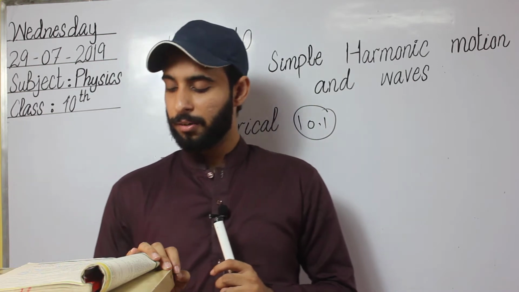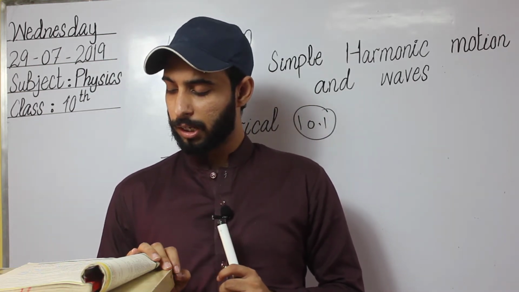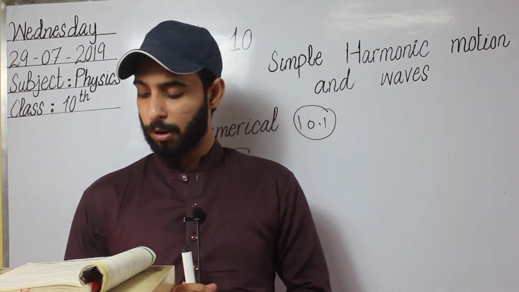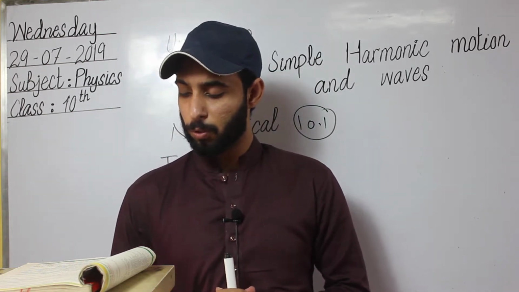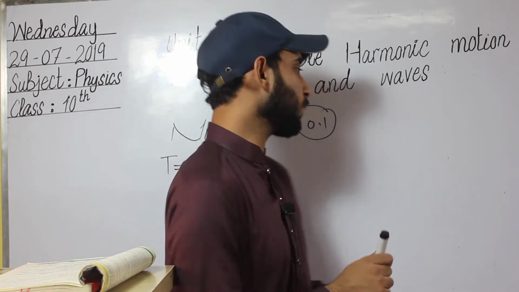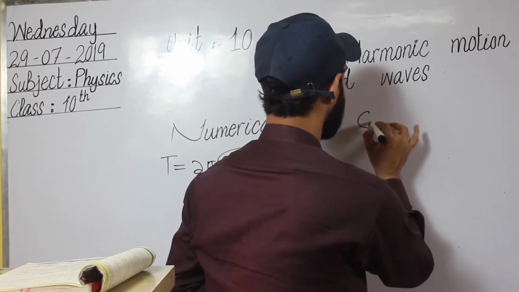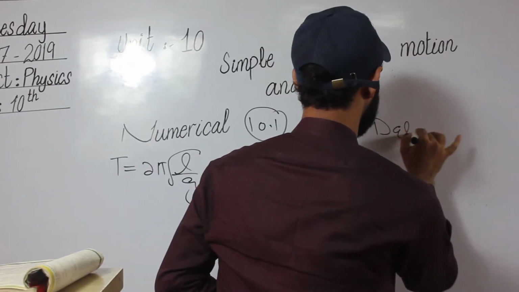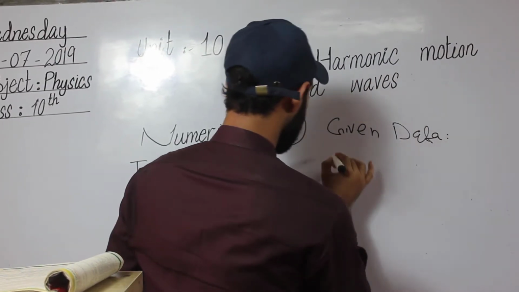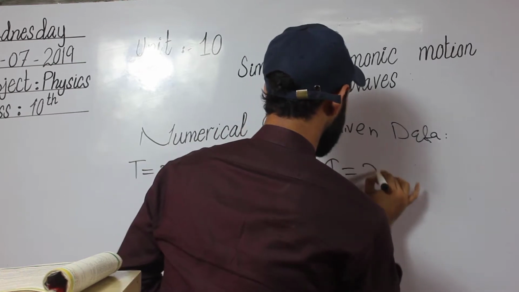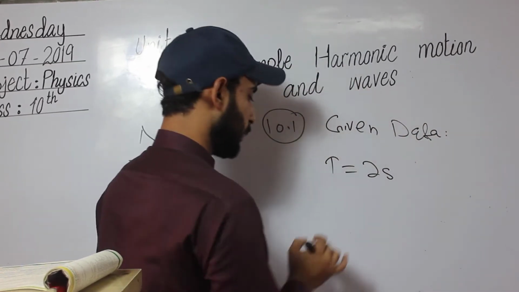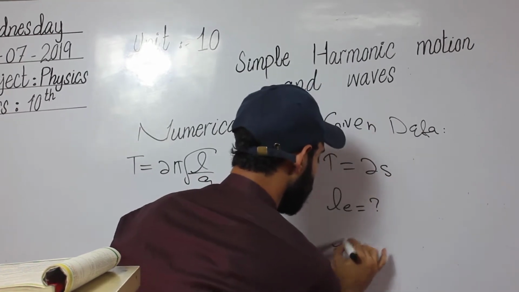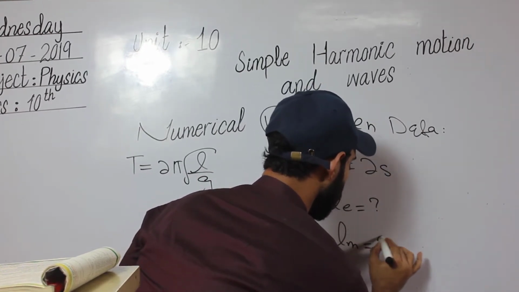Another thing: the value of G on the surface of earth is 10 meter per second square, and the value of G on the surface of moon is G over 6. So first of all, we write the given data. Student, here the time period given to us is 2 seconds. We have to find the length on the earth and the length on the moon.